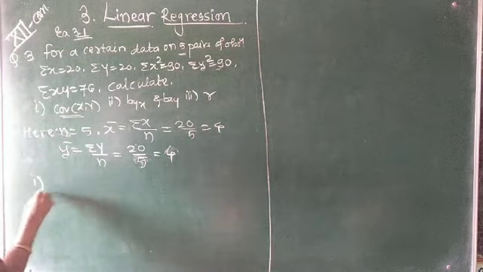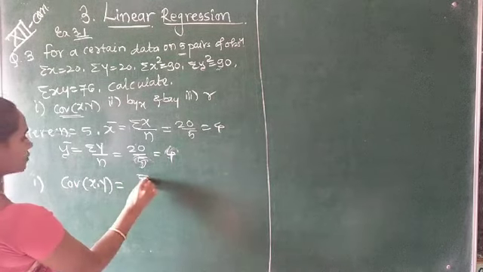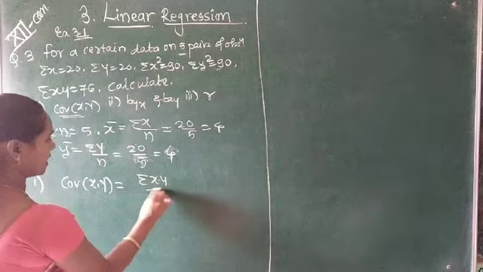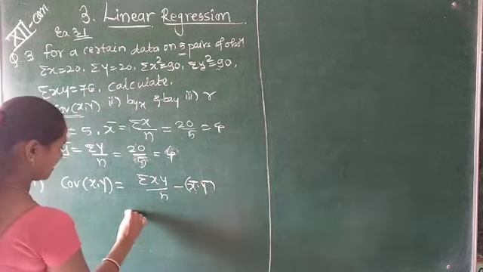The first thing to find is the covariance of xy. What is the formula for covariance of xy? Summation xy divided by n minus x bar into y bar.